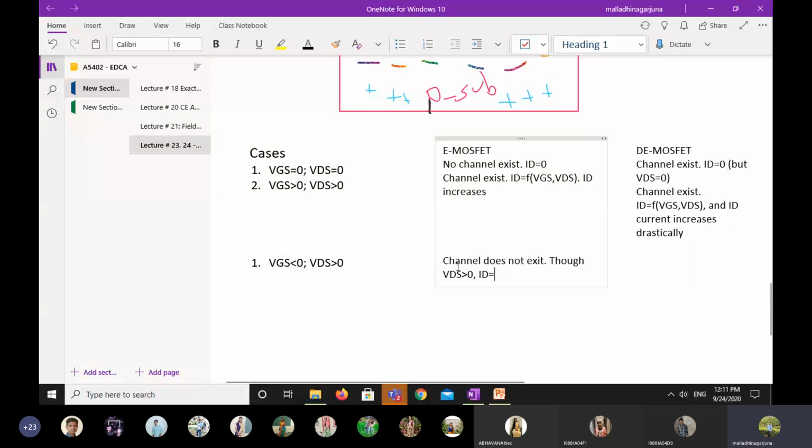Same thing, you tell me for the DE MOSFET. If VGS is less than 0, VDS is greater than 0. Yeah, the channel exists. Okay, fine. What about the ID current?